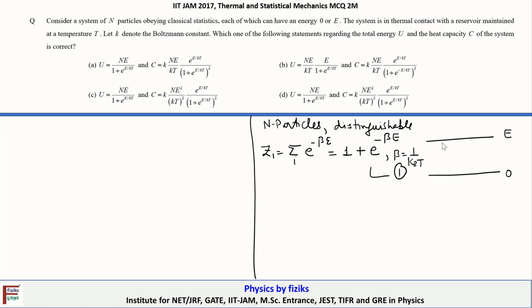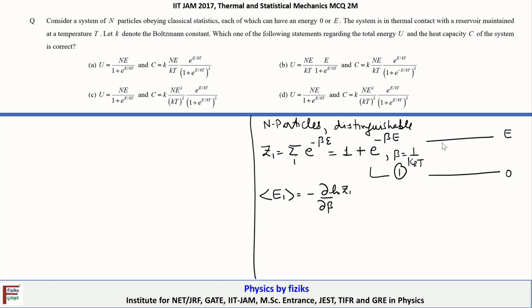Now by making use of the partition function, we can evaluate the average energy, which we call the average energy per particle. This is equal to minus the partial derivative with respect to beta of ln z1.